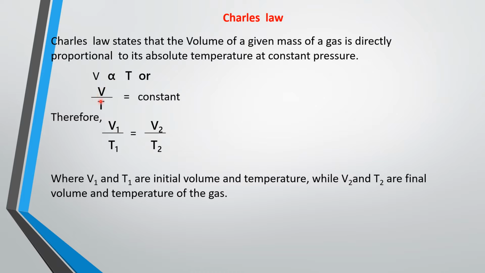So you can have this equation V over T. For a gas that has an initial volume at a particular temperature, you can calculate the final volume at another temperature. That is why you have this equation V1 over T1 equals V2 over T2, where V1 and T1 are the initial volume and temperature, and V2 and T2 are the final volume and final temperature.